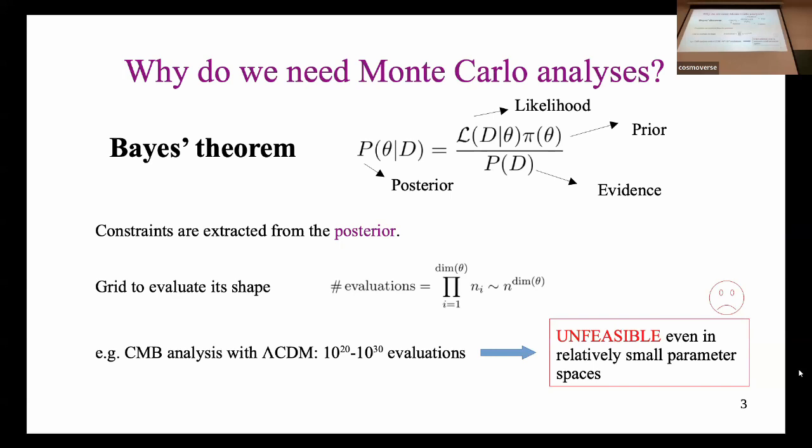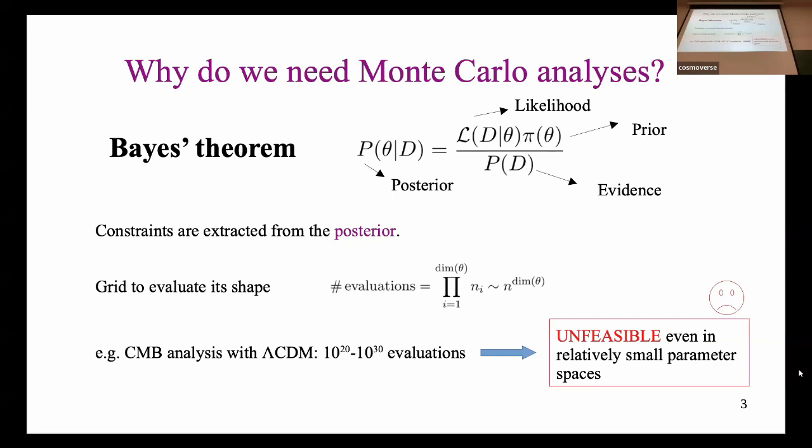The problem, of course, is that the first thing that could come to our minds is to build a grid in parameter space and then evaluate the posterior at each node of the grid. Okay, we could do that, but the problem is that the number of evaluations that we require in order to draw this posterior is extremely large if we are dealing with parameter spaces of 20 or 30 dimensions.